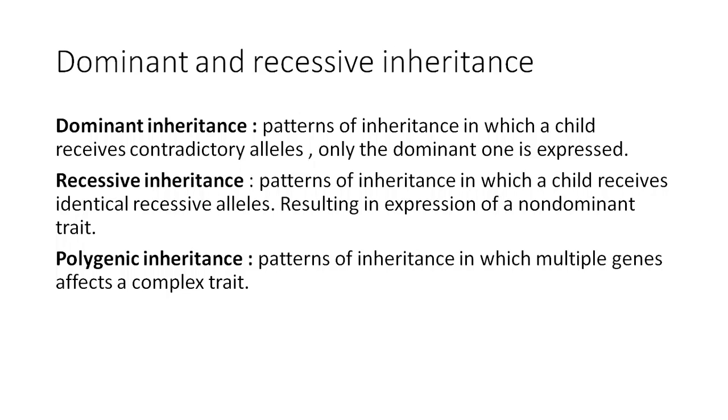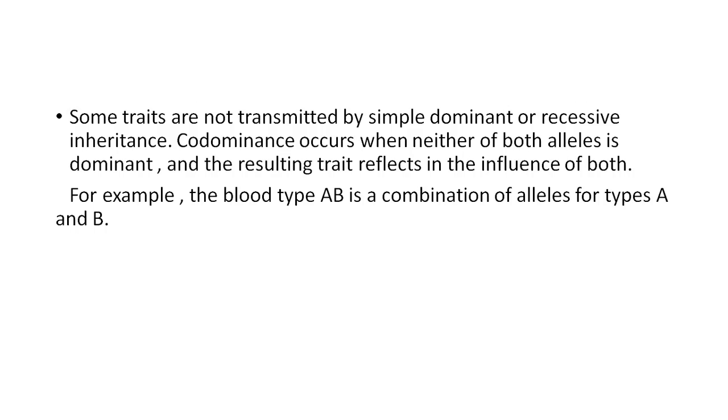Some traits are not transmitted by simple dominant or recessive inheritance. Codominance occurs when neither of two alleles is dominant and the resulting trait reflects the influence of both. For example, the blood type AB is a combination of alleles for type A and type B. Most traits result from polygenic inheritance, the interaction of several genes.